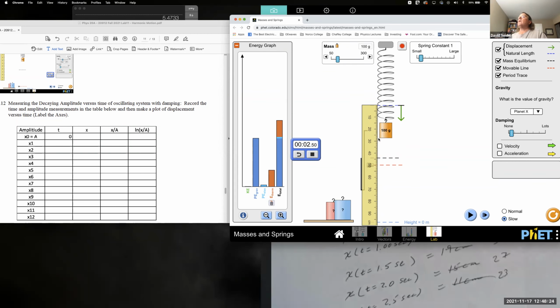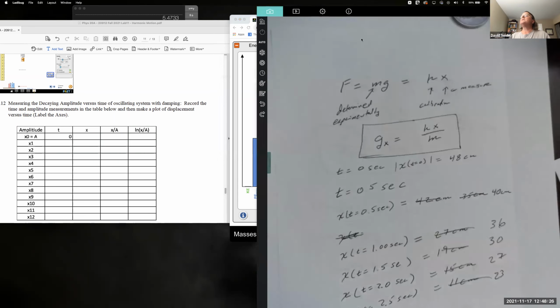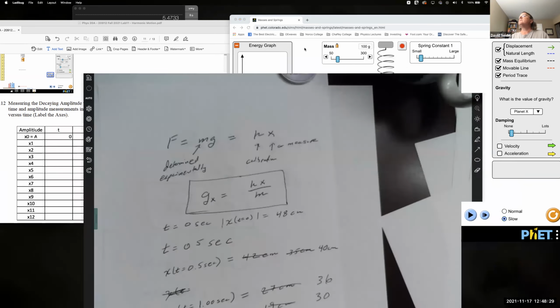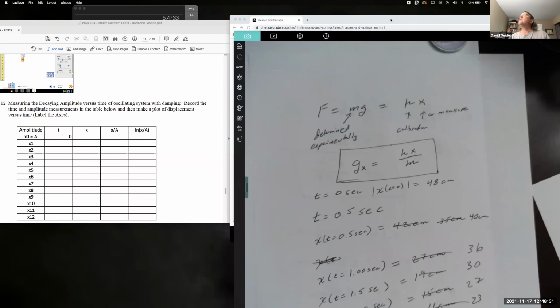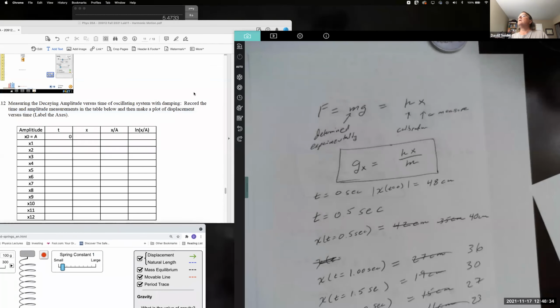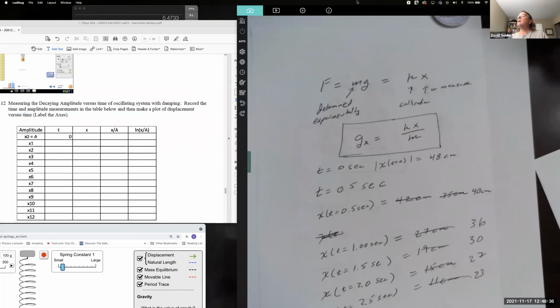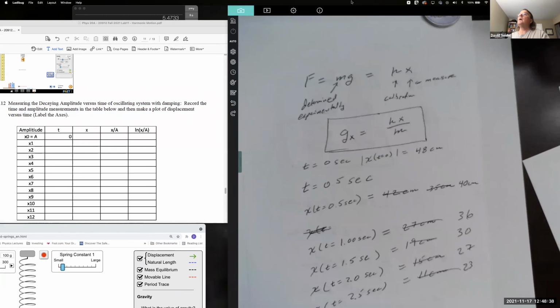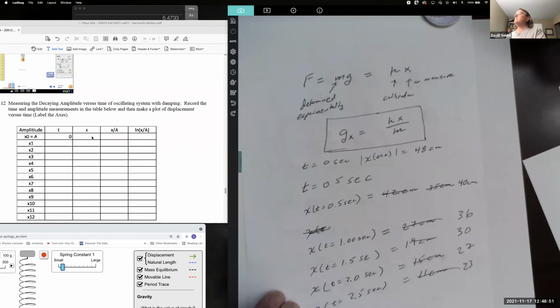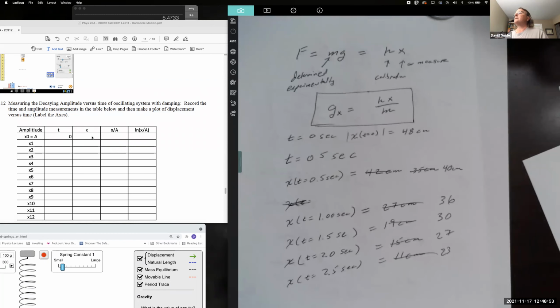Okay, so I've filled in some of these. So x0 is equal to A. At t equals 0, x equals A. Because it's 40 centimeters, we're going to label A equal to 40 centimeters.